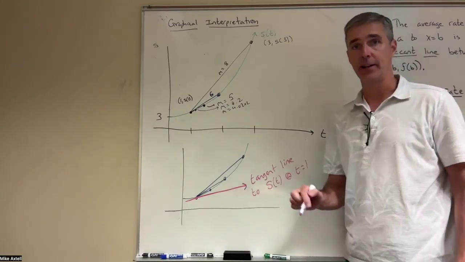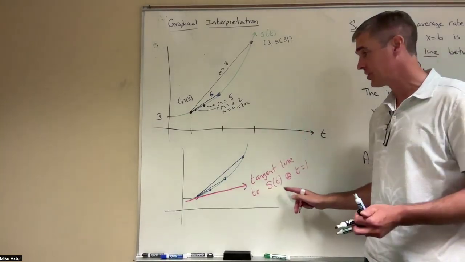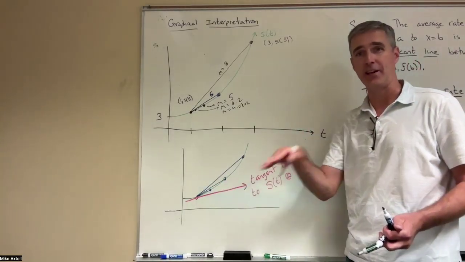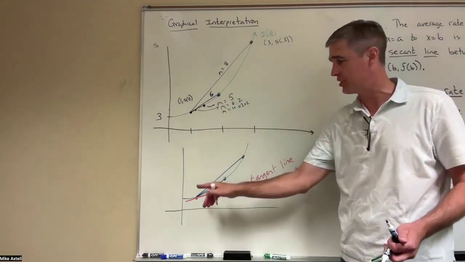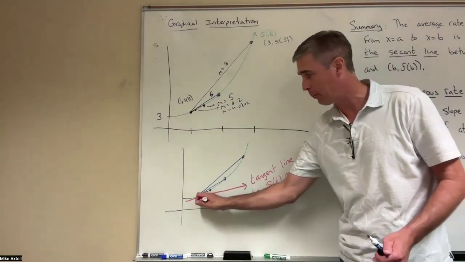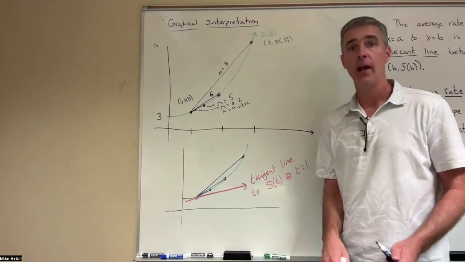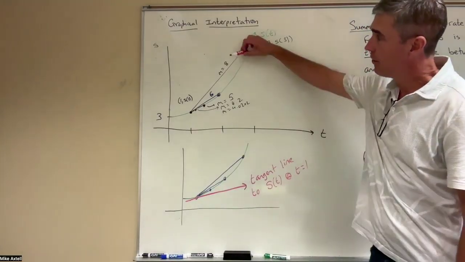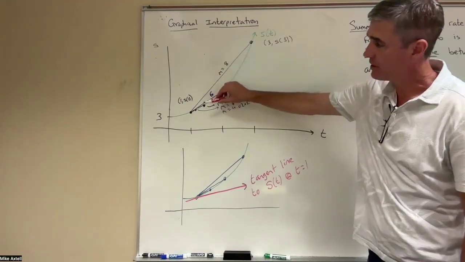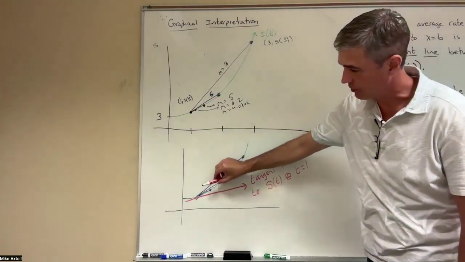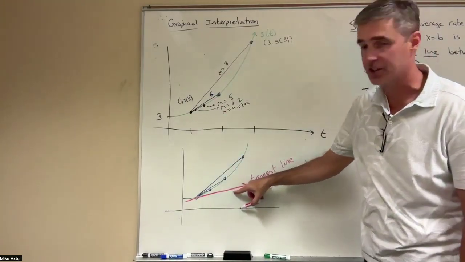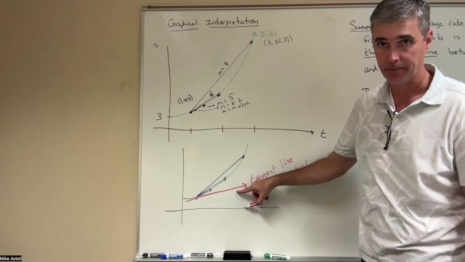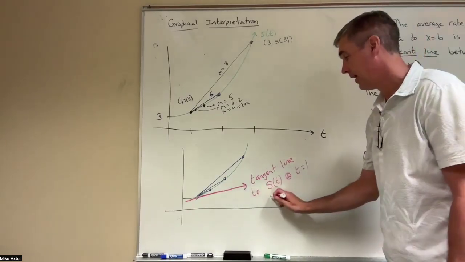So we had a secant line that touches the graph in 2 spots. The tangent line touches the graph in 1 spot and just sort of glances off of it, just touching it at that 1 point at time 1. And what's interesting is the slopes of these secant lines are starting to get closer and closer to equaling the slope of this tangent line. Okay. All right.